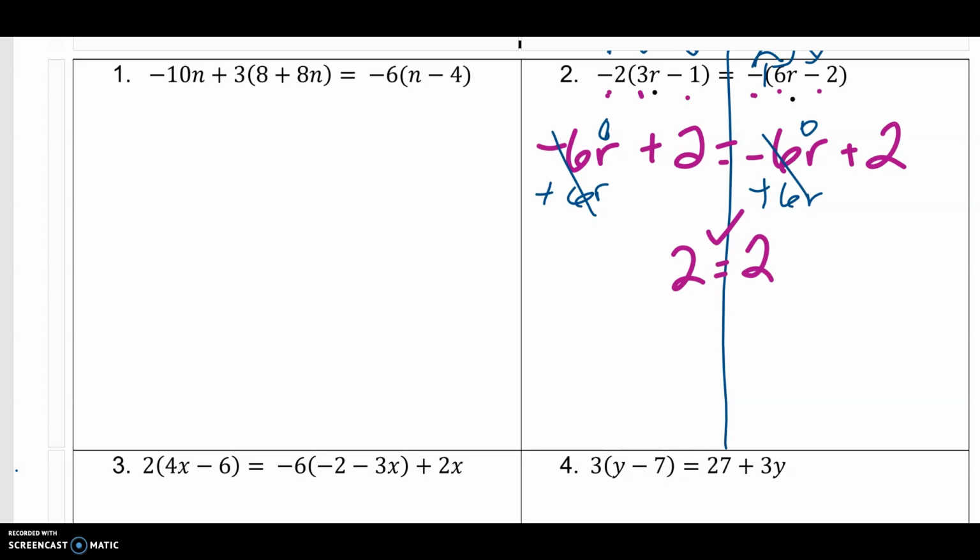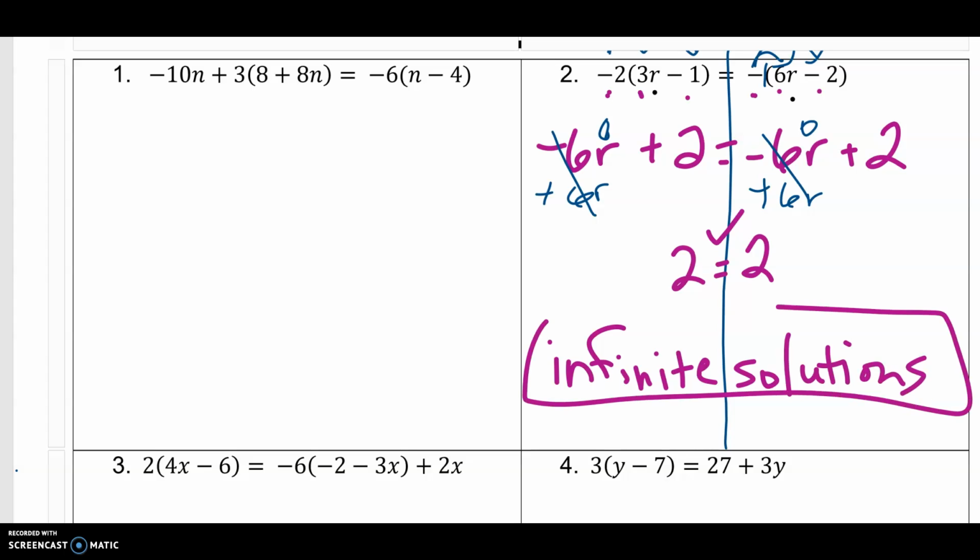The left side will be equal to the right side. If I plug in 152 for r, the left side will be equal to the right side. Any number I pick, and since we have an infinite number of numbers, counting never stops, that means that we have infinite solutions for this one. So that will be your answer. Your answer when this happens will be infinite solutions.